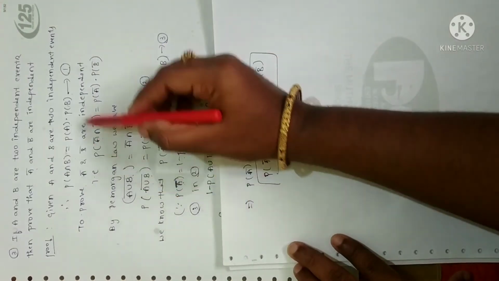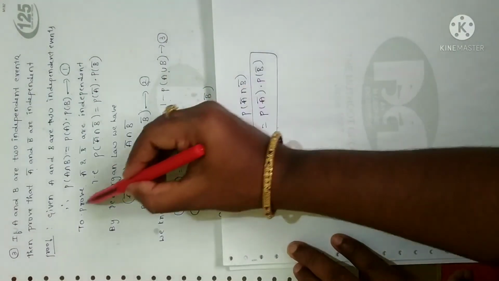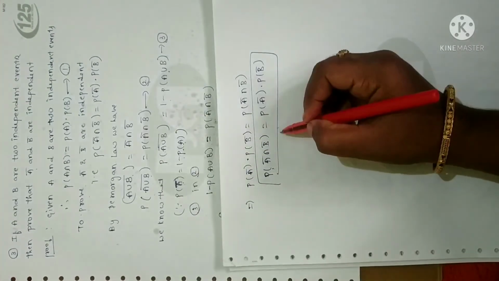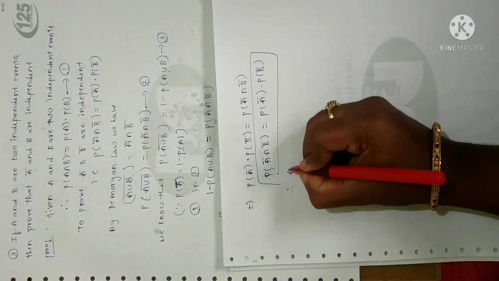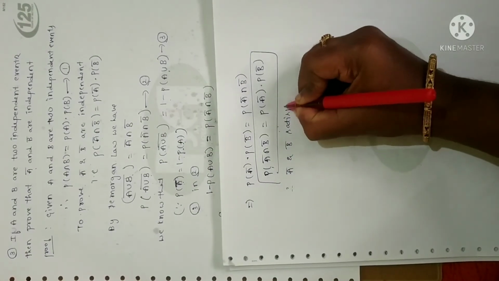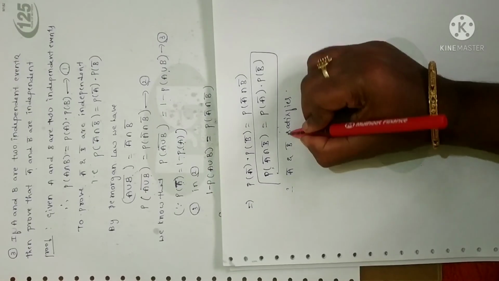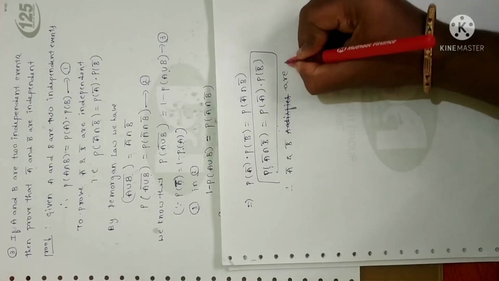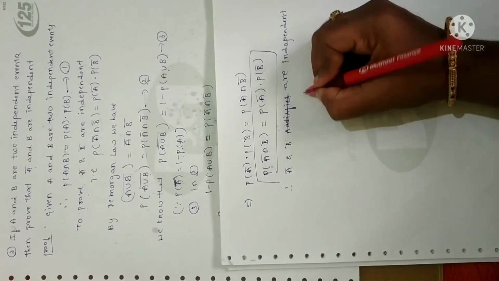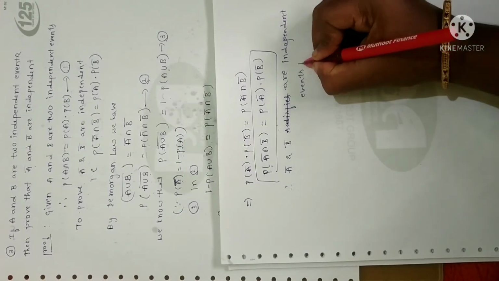We have to prove A bar and B bar are independent. That is, it satisfies the independence condition. Therefore, I can write that A bar and B bar satisfy it, or else A bar and B bar are independent events. Hence proved.